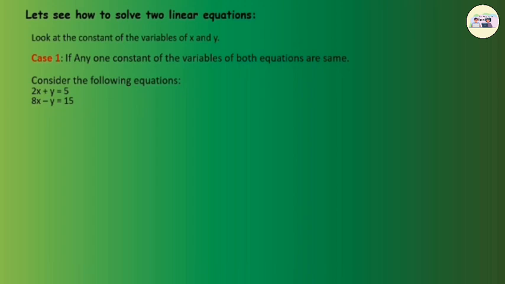Here the variable y has the same constant in both of the equations. Now, if the variables having the same constant have different signs, then we have to add them. Here we will add both the equations.